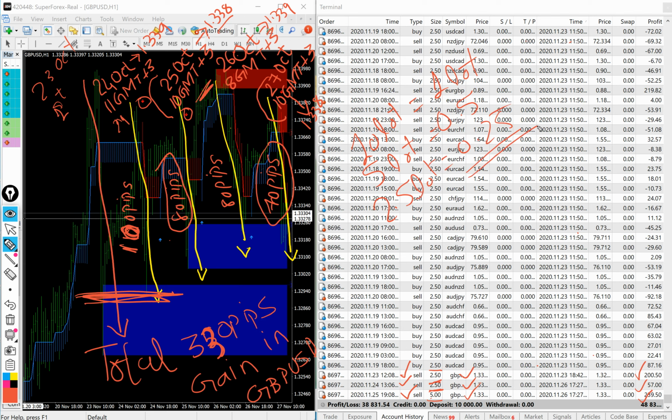This is the standard lot and this is the micro lot. Two trades were traded with 2.5 while 1 was traded with double the previous lot size, because we were sure about the falling of GBP USD.